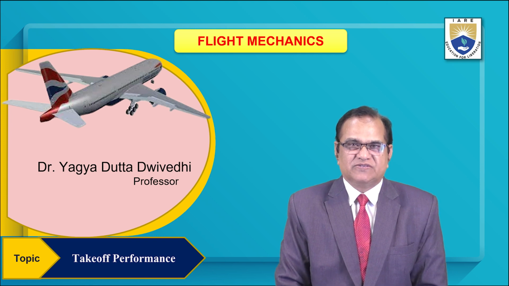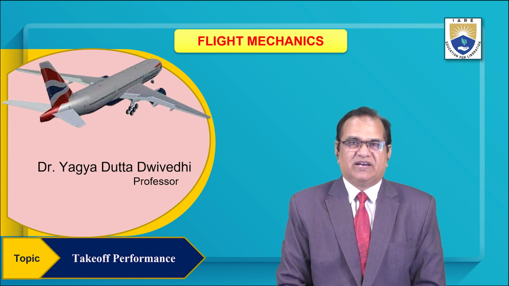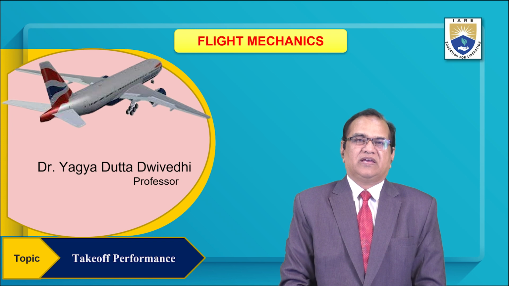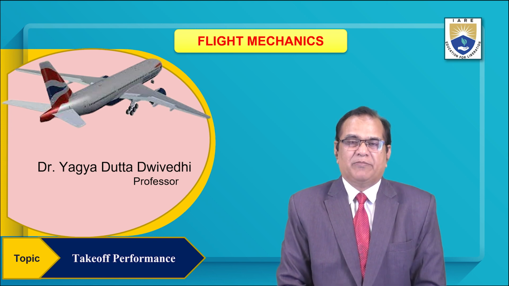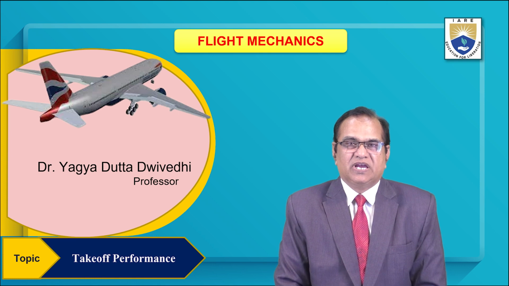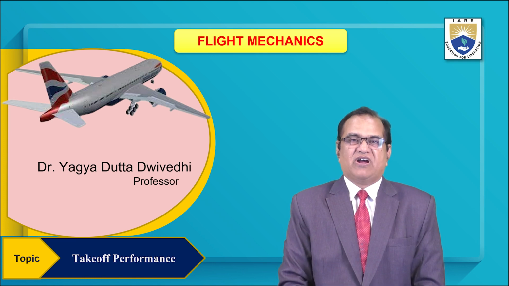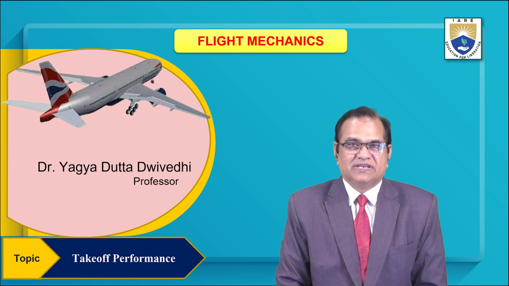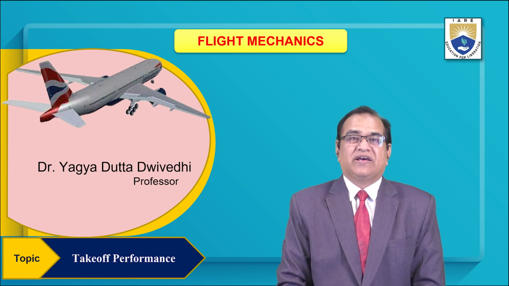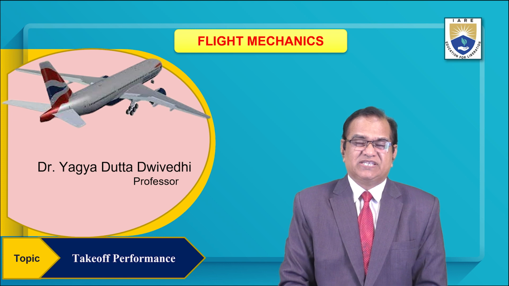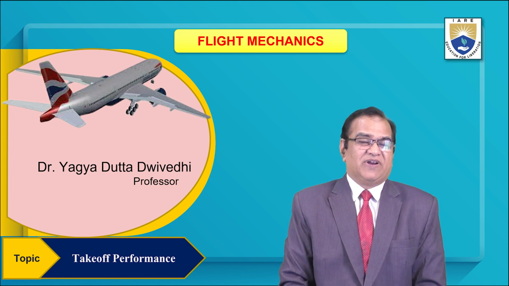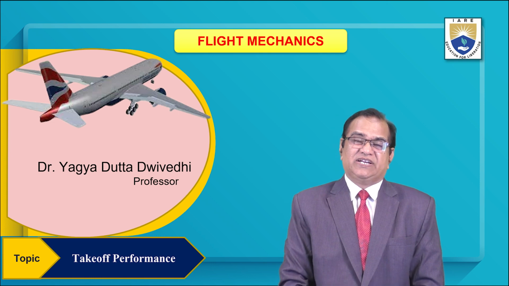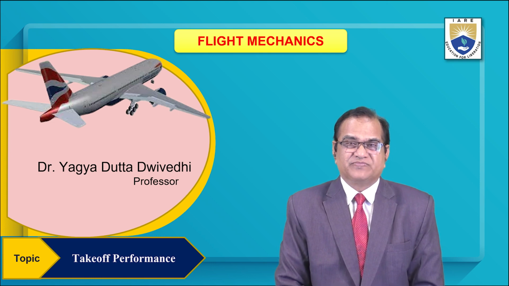In that process, we have already started the equations for the maximum range, maximum endurance, range for the jet aircraft, range for the propeller aircraft. Same way, we have seen the range for different conditions, different altitudes, different velocities, different parameters. We have already discussed and solved the numericals.